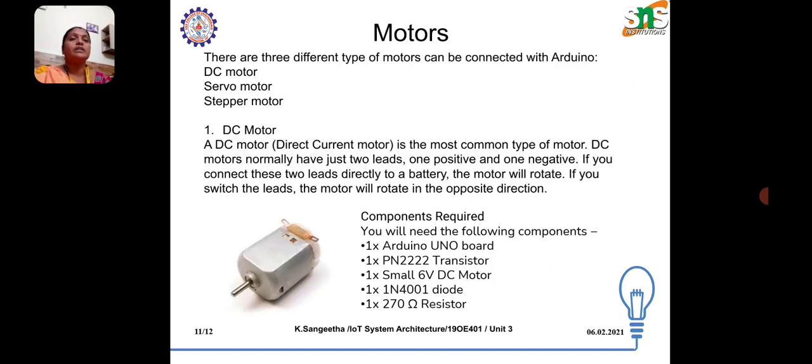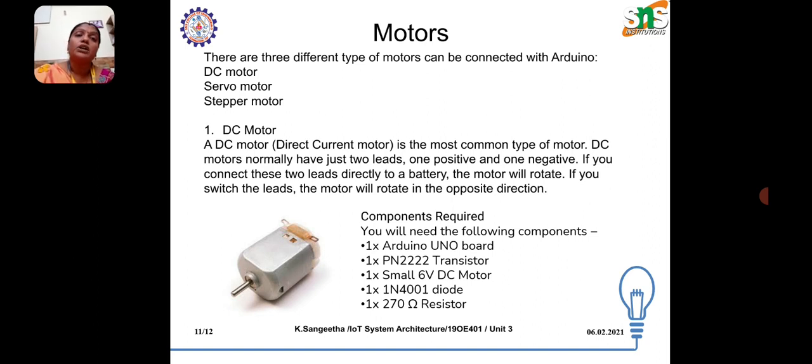Next we will discuss the different types of actuators used with Arduino. What are the different types of motors? Here, actuators means electrical actuators. There are three types of motors that can be connected with the Arduino: DC motor, servo motor, and stepper motor. First we will discuss the DC motor. A DC motor, a direct current motor, is the most common type of motor.